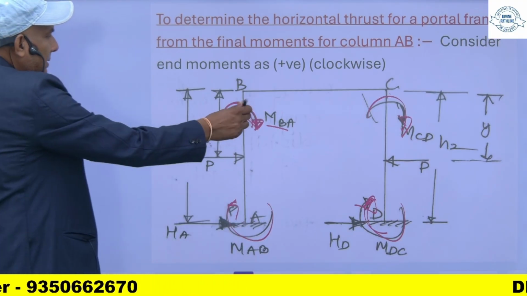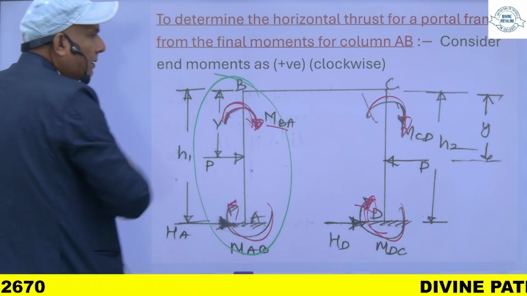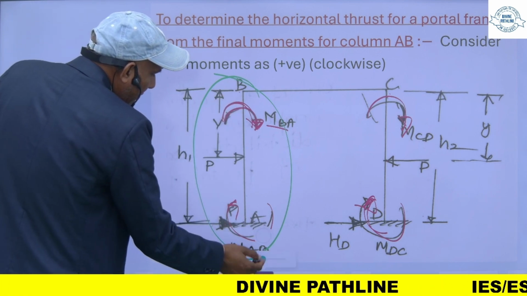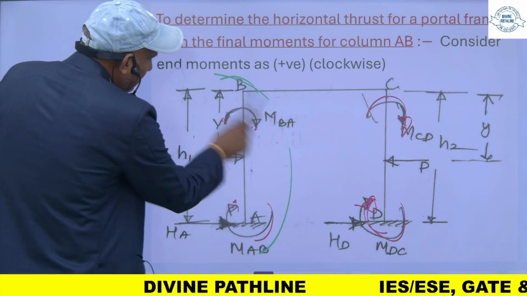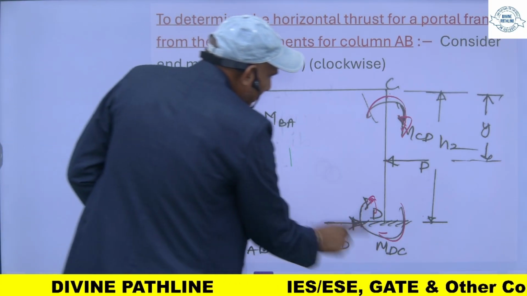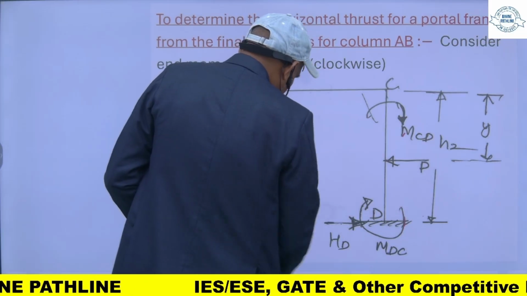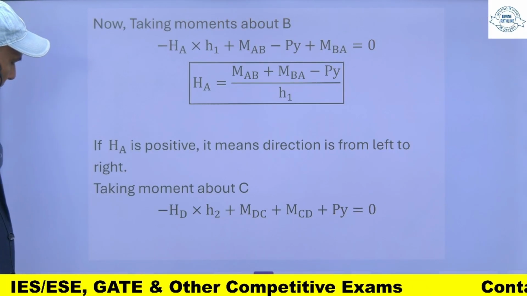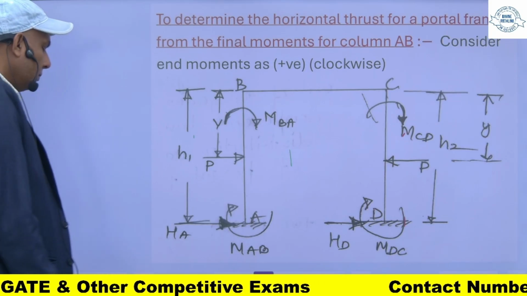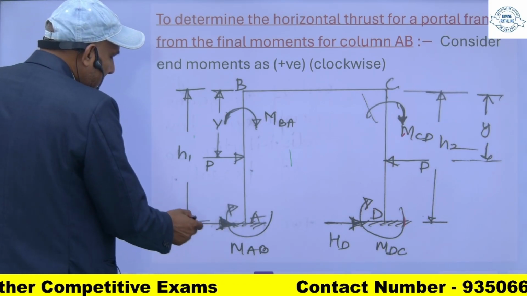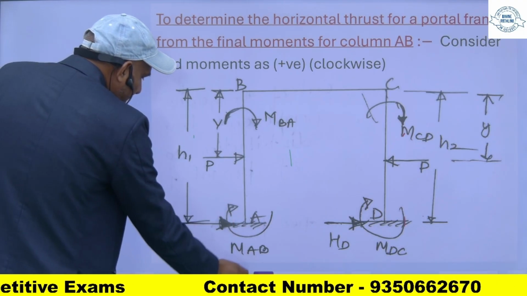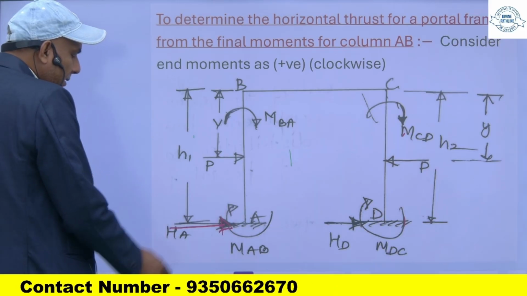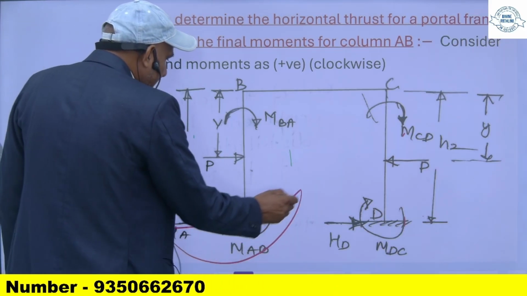You treat this as a column and take moment about B. Now this HA, this horizontal reaction, you assume the direction of HA is like this. This HA will try to rotate it like this.